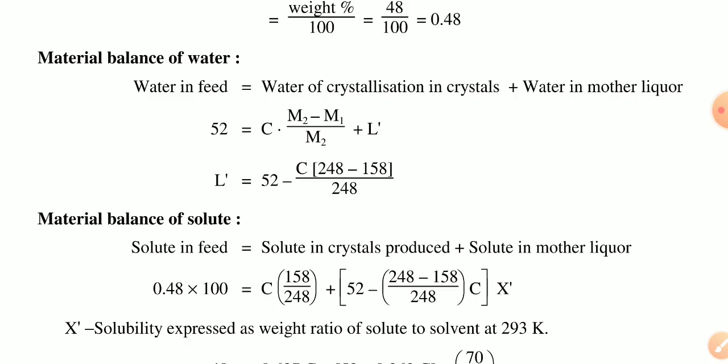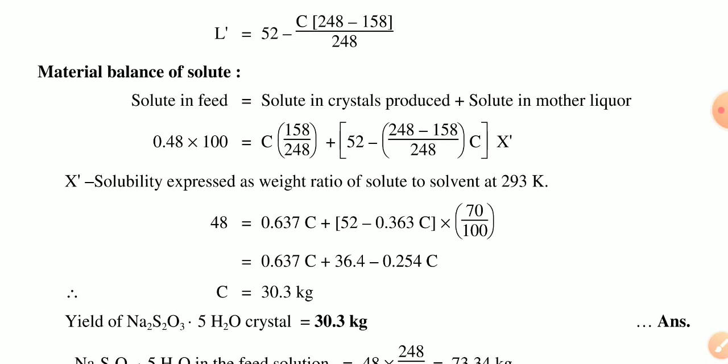Now let's look at the material balance of the solute. The solute in the feed is equal to the solute in the crystals produced plus the solute in the mother liquor. So 0.48 multiplied by 100 is equal to C times 158 by 248, plus (52 minus C times (248 minus 158) by 248) multiplied by X dash.